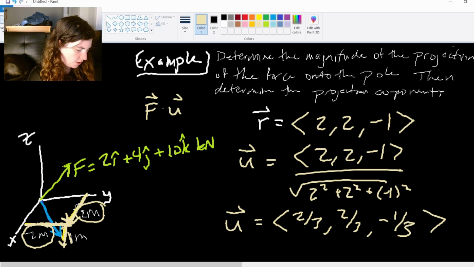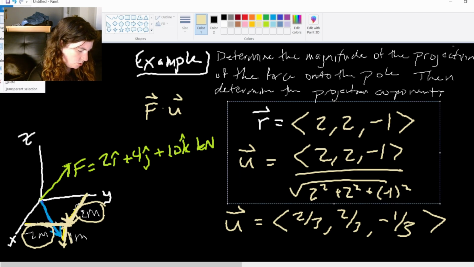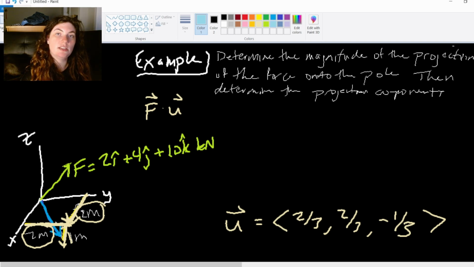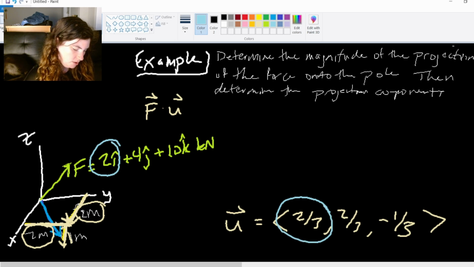So I have my unit vector there. I'm going to go ahead and keep that. If I do my dot product, again, the dot product is just ax times bx plus ay times by plus az times bz. So we're going to have ax times bx.